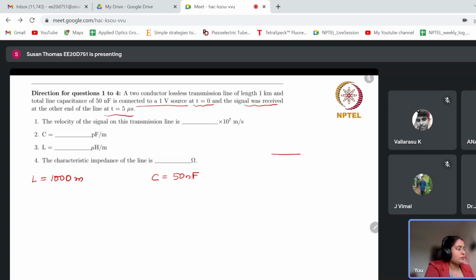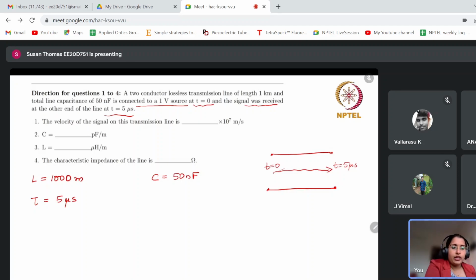So that means for the signal to reach from one end of the transmission line to the other end, it takes 5 microseconds. So we know that the transit time is 5 microseconds.